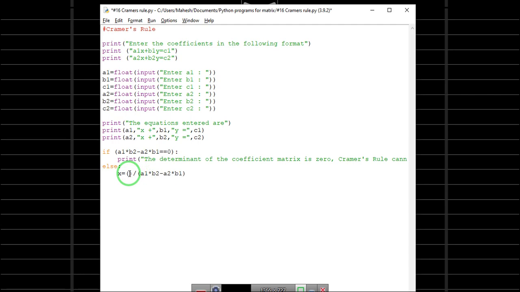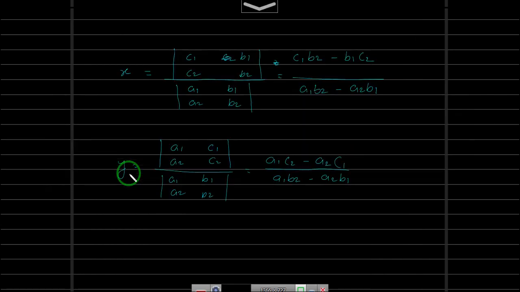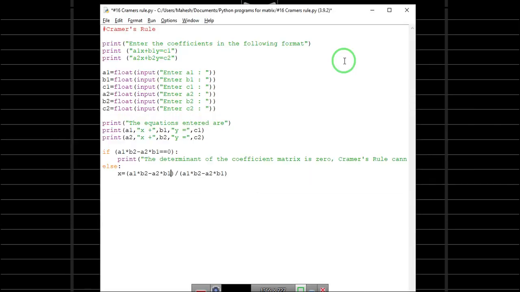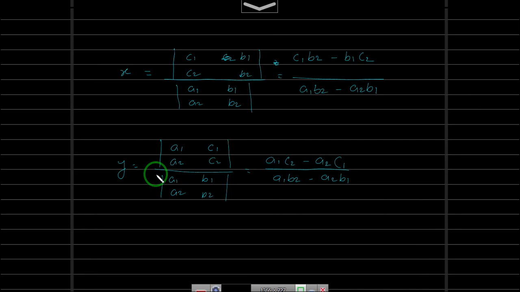In the numerator we have a similar kind, but in terms of x we have c1 b2 minus b1 c2.